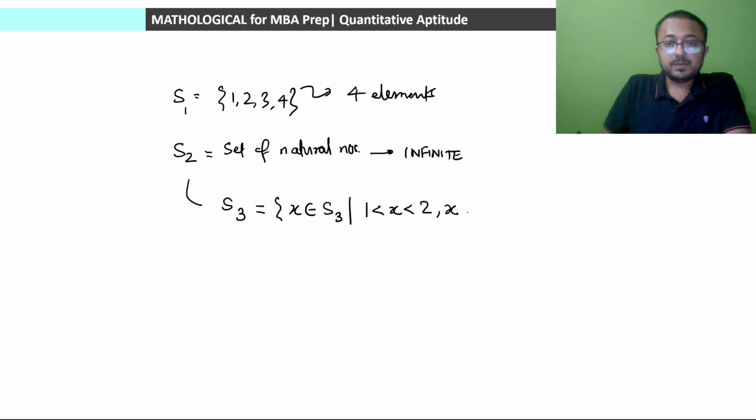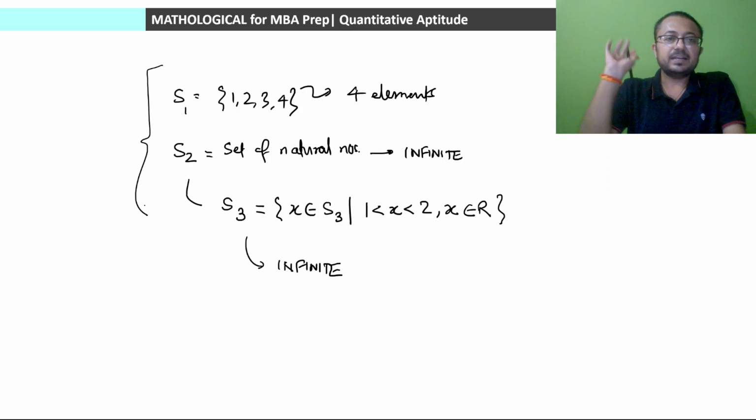X is any number between 1 and 2 and X is a real number. So in that case S3 is also an infinite set because there can be infinitely many real numbers between 1 and 2. Clear? S1 is a finite set, S2 and S3 are infinite sets. Simple things.